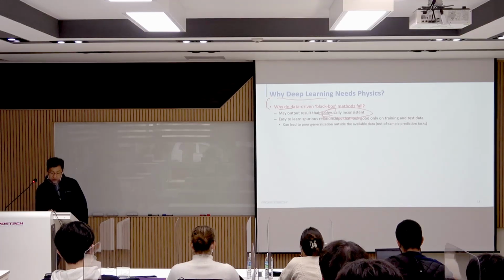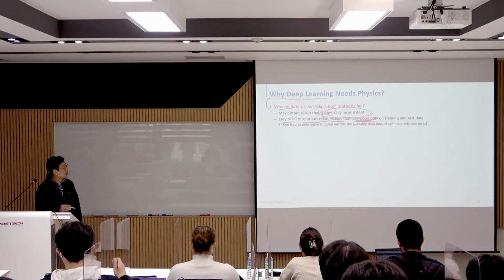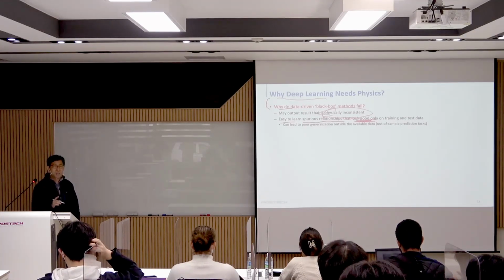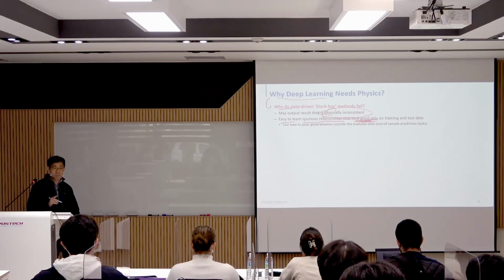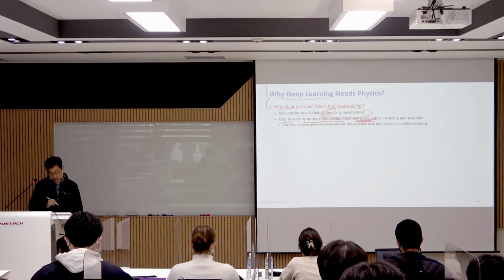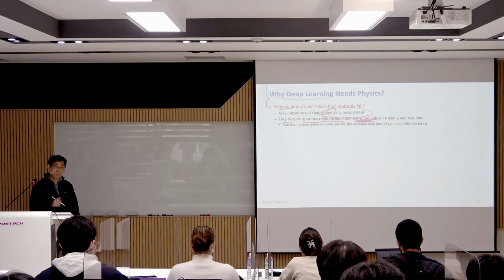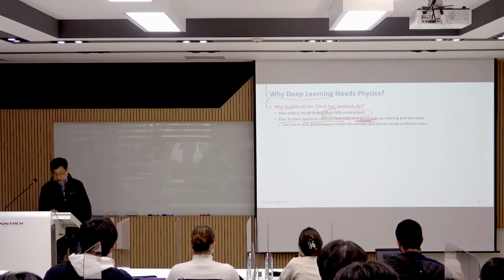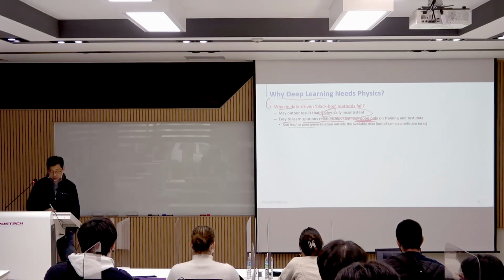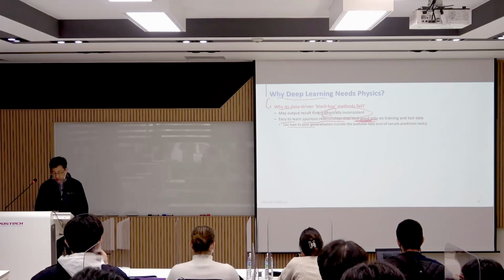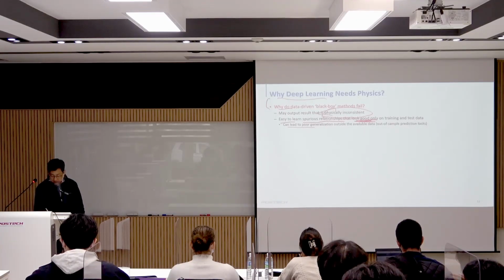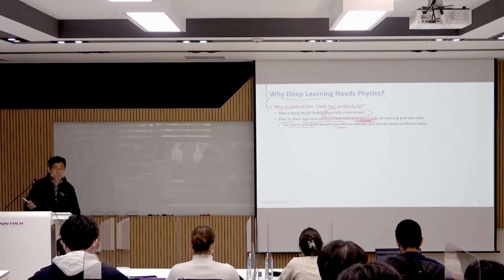Or another way to say it is that it's easy to learn a spurious relationship that looks good. See, it looks good only on the training data set or test data set. It's talking about generalization. It's poor generalization outside the available data set.